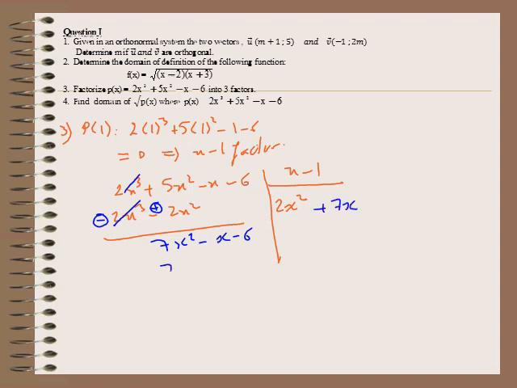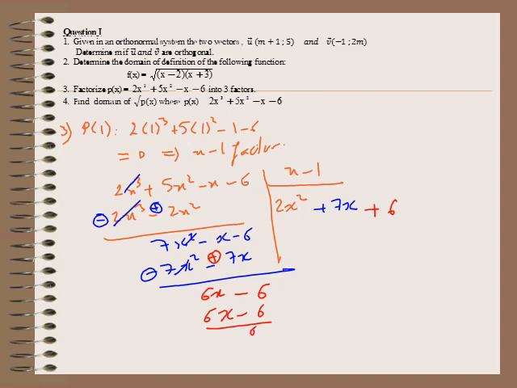Then 7x, 7x squared minus 7x. Subtract: 6x minus 6. Then 6, 6x minus 6.